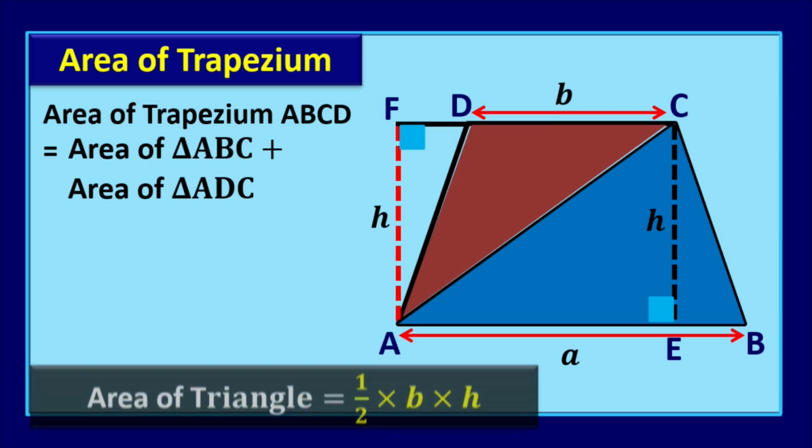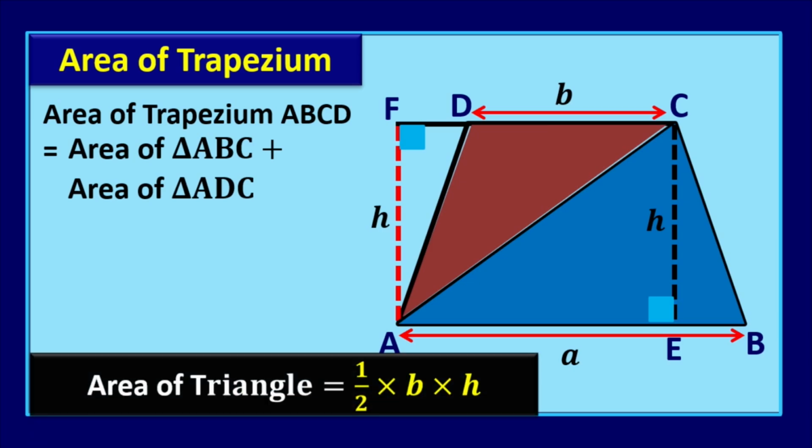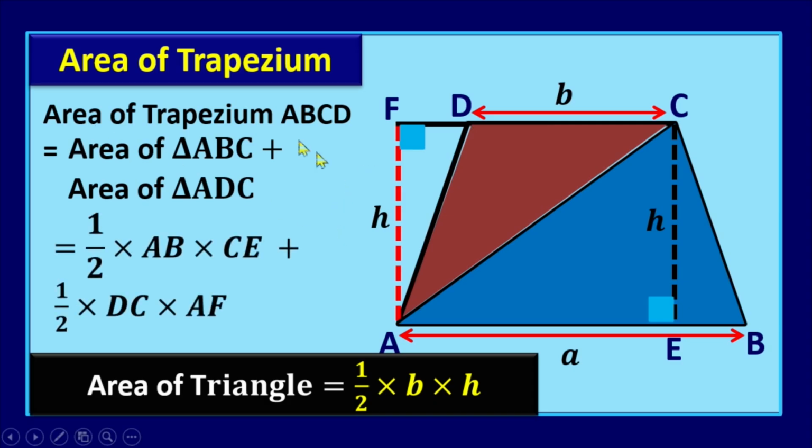We have already learnt the area of a triangle is half into base into height. For triangle ABC, base is AB, height is CE. So half into AB into CE, plus for triangle ADC, base is CD and height is AF. So half into DC into AF.